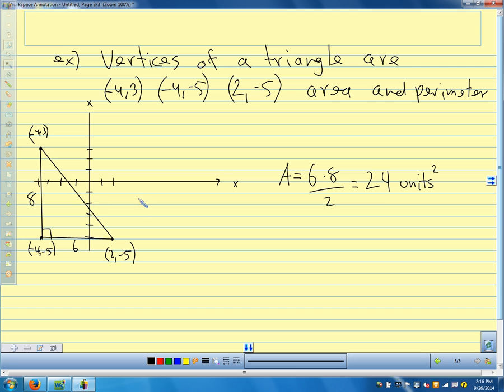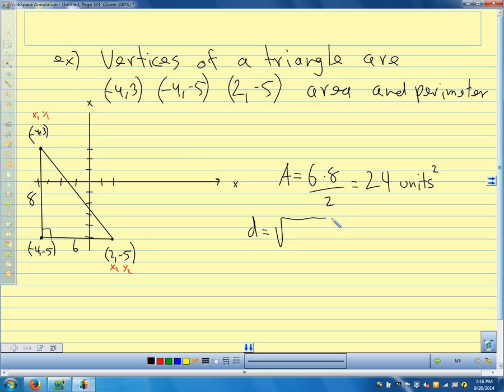So let's use the distance formula since we just practiced that. We'll find the distance between those 2 points. The distance equals, let's label them x1, y1, x2, y2.